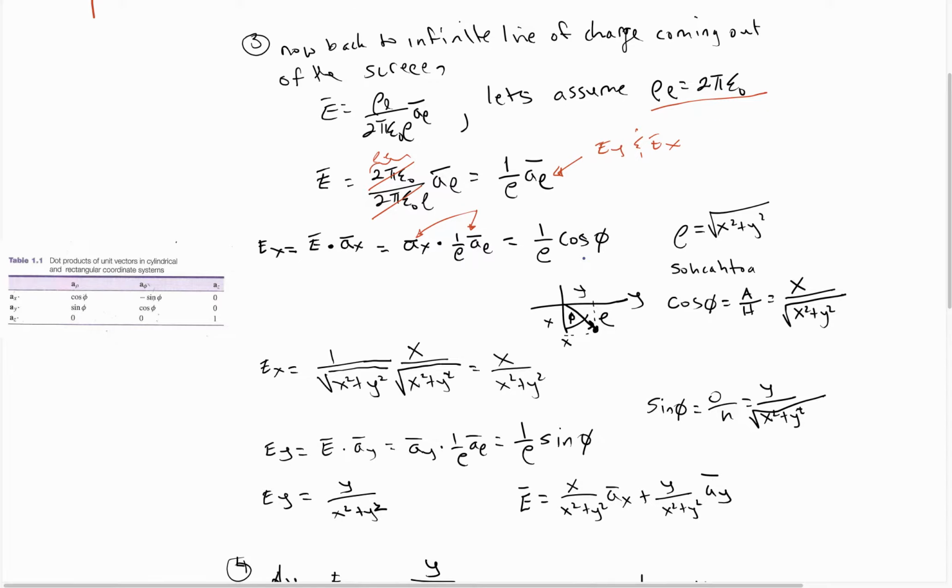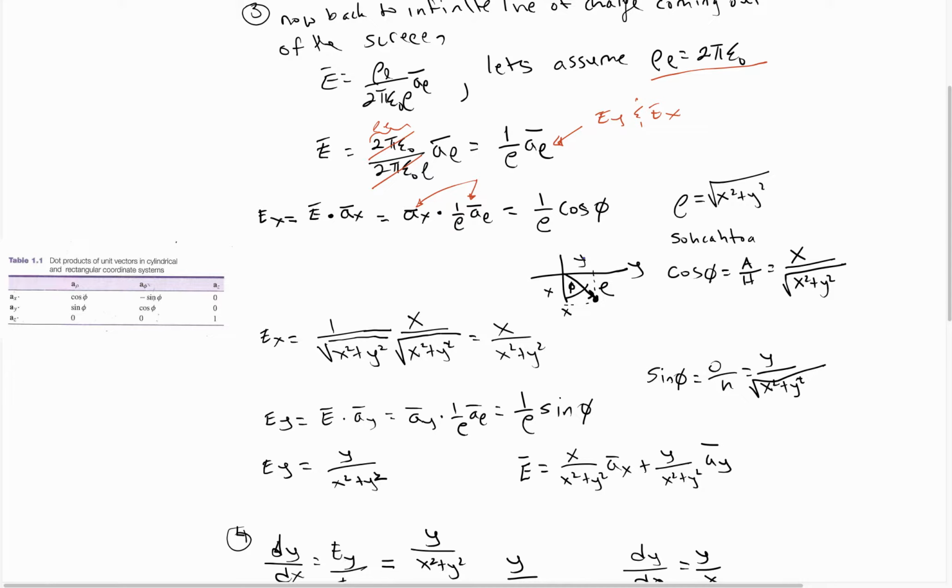Likewise, for a_y dotted with a rho, you look in Table 1.1, and that comes out to the sine of phi. And we know rho is equal to the square root of x squared plus y squared. I've drawn out rho right here, and here are its x component and y component.